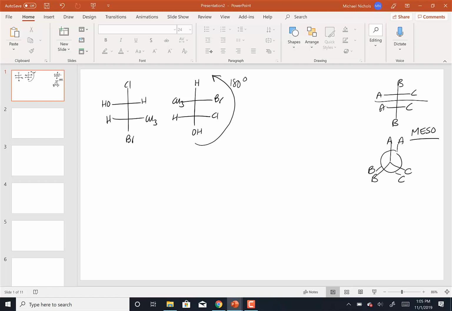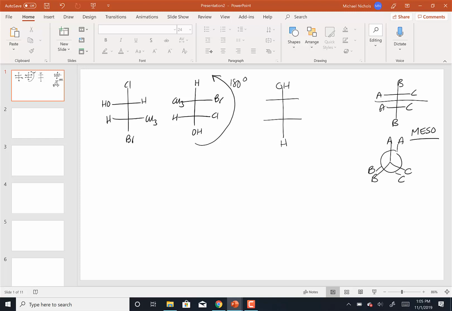They only change when you flip things, because when you flip them, it goes from being toward to away. So in this case, I'm going to rotate it 180 degrees. The Fisher projection is going to stay the same. But now my OH is going to be on top, and my H that was on top is going to be on the bottom.